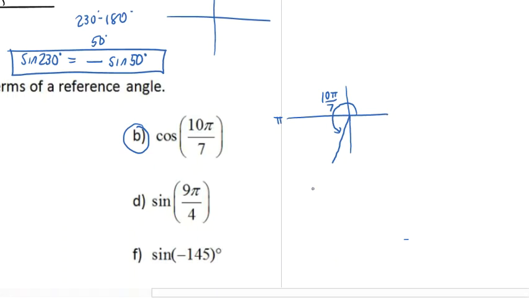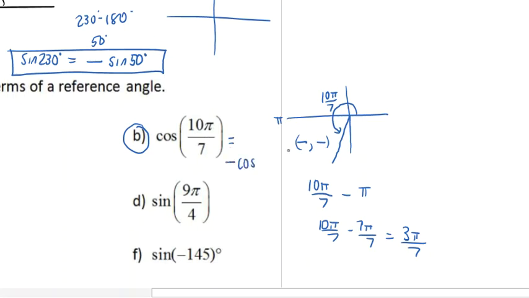And so I'm going to take this one, and I'm more than that straight line. So I'm going to do this and subtract pi. Notice I'm subtracting pi instead of 180 because I'm doing this problem in radian mode. So this is 10 pi over 7 minus 7 pi over 7, which is 3 pi over 7. Okay. Now, in the third quadrant, this is negative x and a negative y, which means my cosine is going to be negative. So we're going to write this as negative cosine of 3 pi over 7.